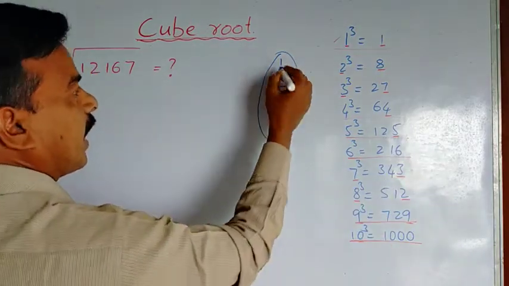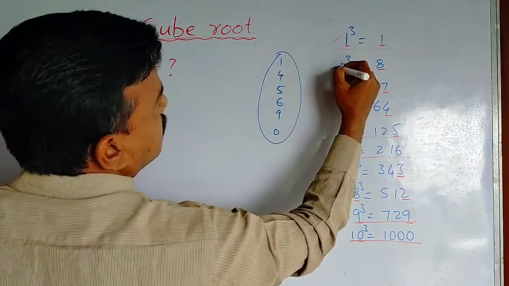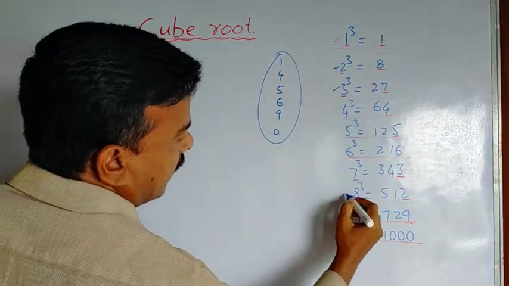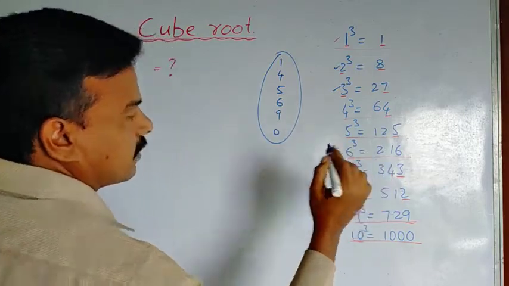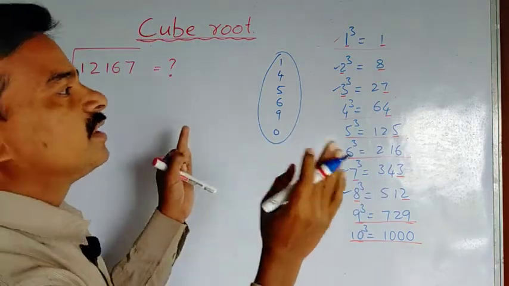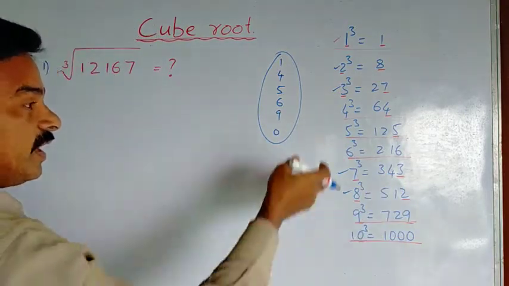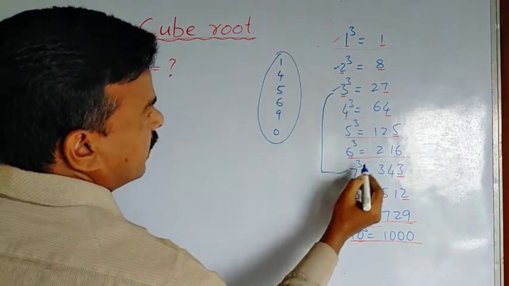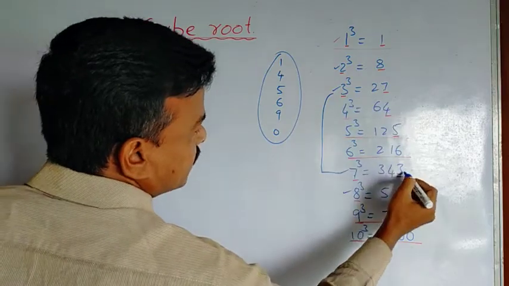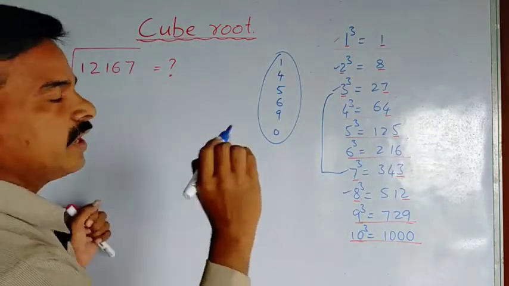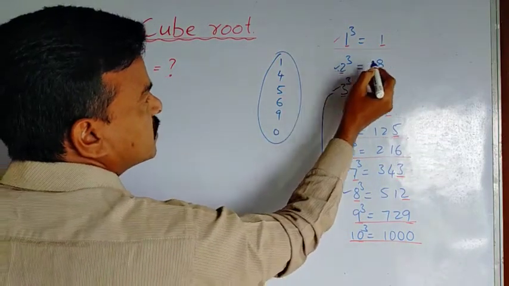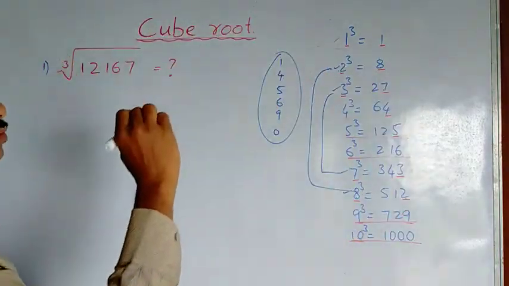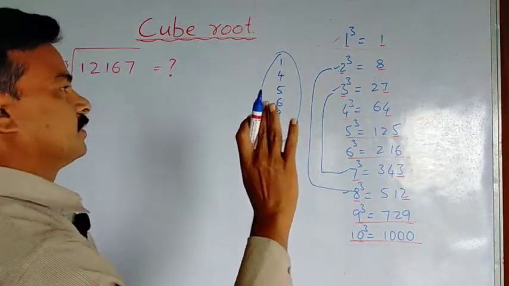And the remaining numbers, 2, 3, 8, 7, end with other digits. Here also one relation is there. 3 ends with 7, 7 ends with 3. It is important. 2 ends with 8, also 8 ends with 2. This is the correlation.